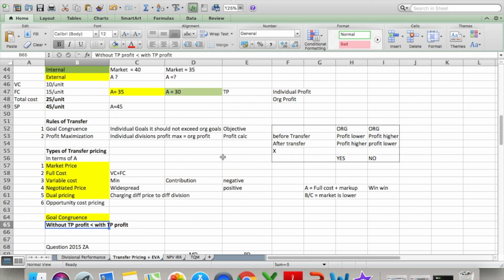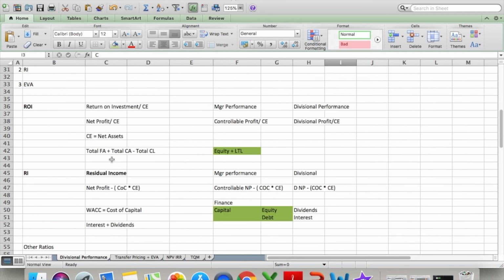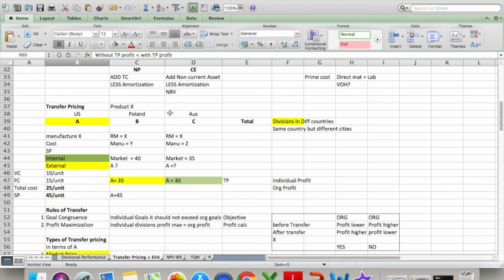What happens is that in an organization, mostly negotiated pricing prevails, because in that case a manager has authority and responsibility for their division. So they make the division's decision based on that division's performance, because if you remember, divisional performance and manager's performance are equally important and we need to see the controllable profit. Transfer pricing is something that comes in the controllable profit.